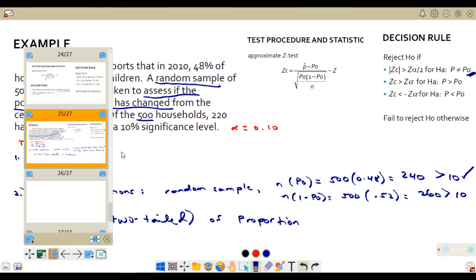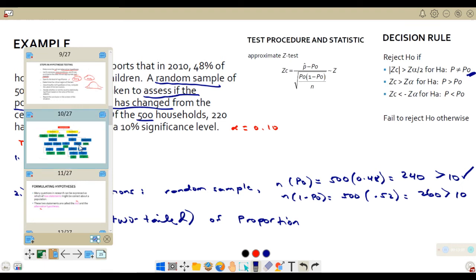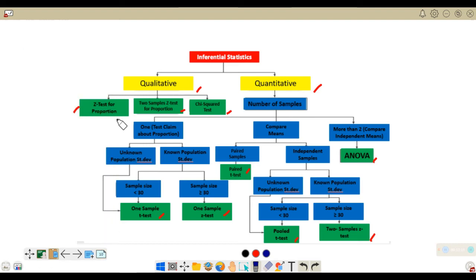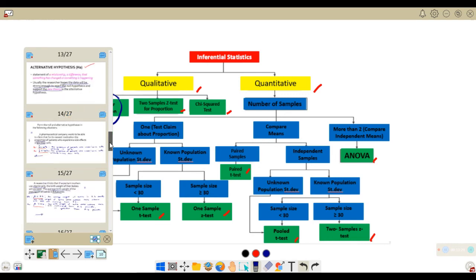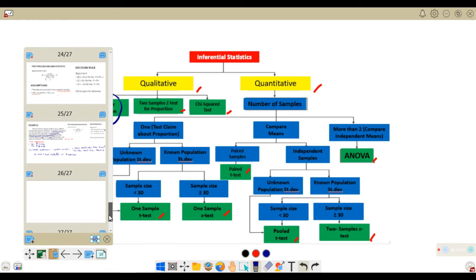Dun sa diniscuss natin before na table or chart, ito siya. So, z-test for proportion. Yan yung gagamitin natin. And one sample lang. Kasi wala tayong ibang sample aside from the 500 set of US citizens.